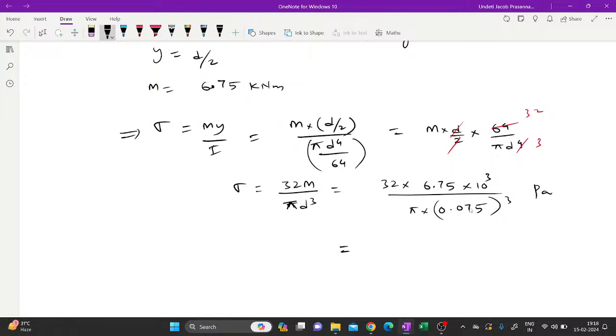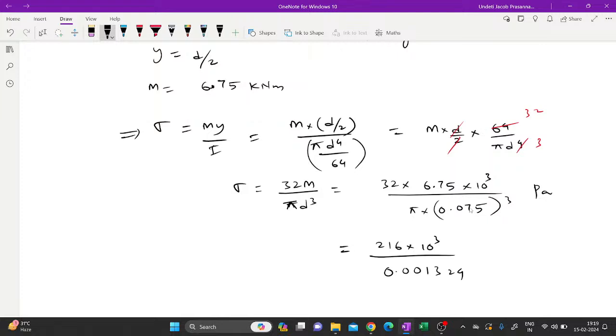Now if we simplify this, 32 into 6.75 into 10 cube gives 216 into 10 cube, and the denominator we have 0.001324.